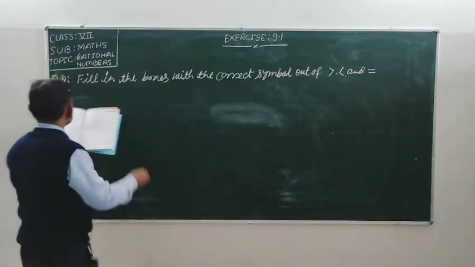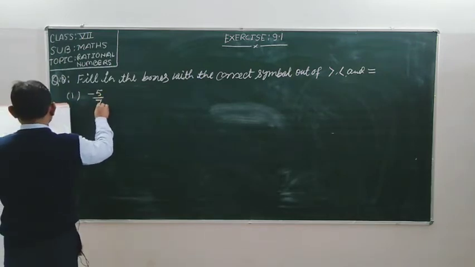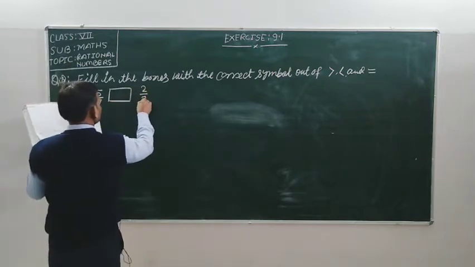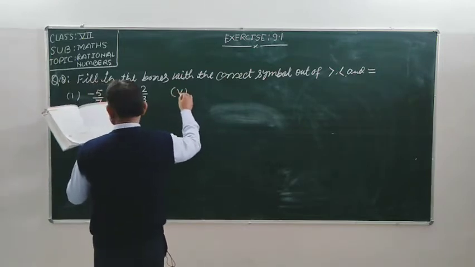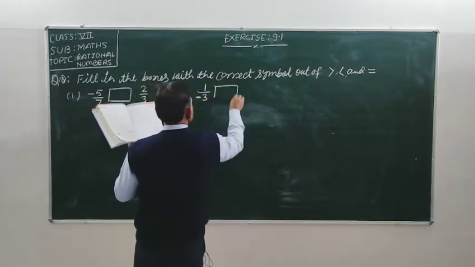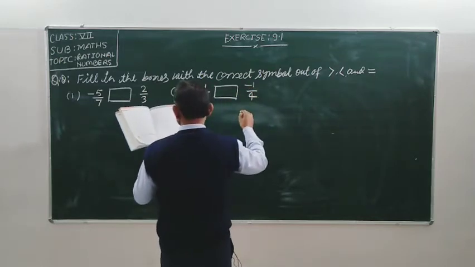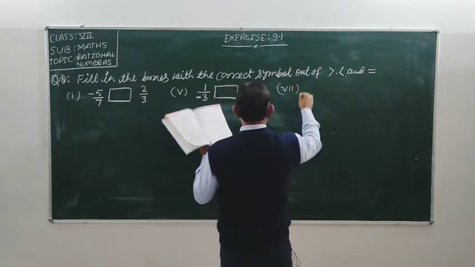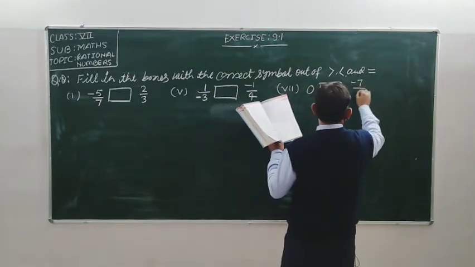So part first is student minus 5/7 box 2/3, and I am taking part fifth, student, here 1/-3 box minus 1/4, and I am taking the last part, student, that is part 7: 0 box minus 7/6.